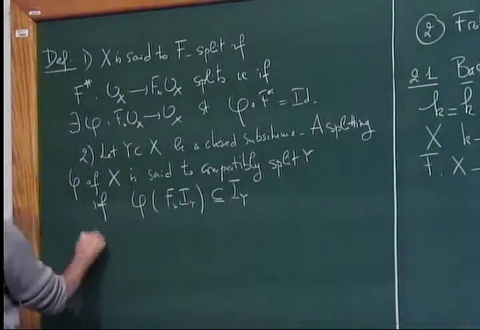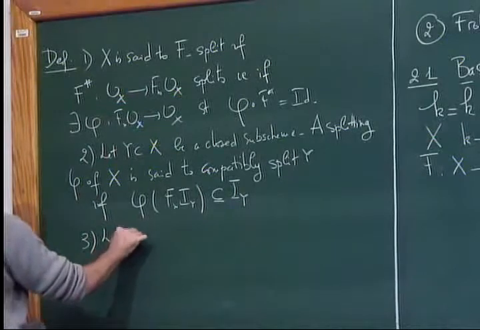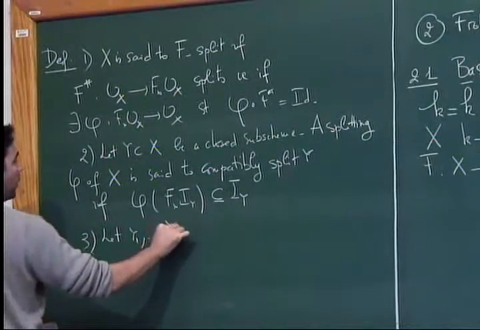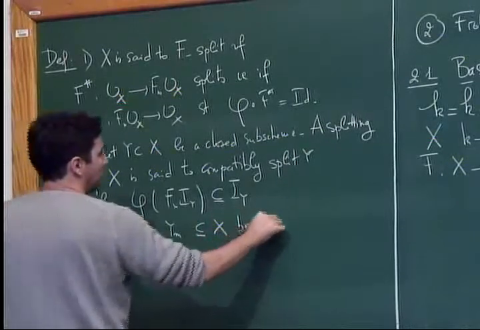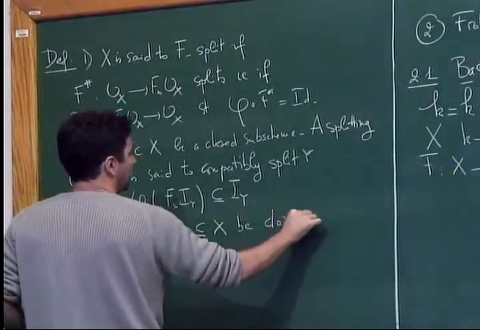And as you may imagine, let I1 up to IM in X be ideal sheaves of closed subschemes Y1 up to YM.